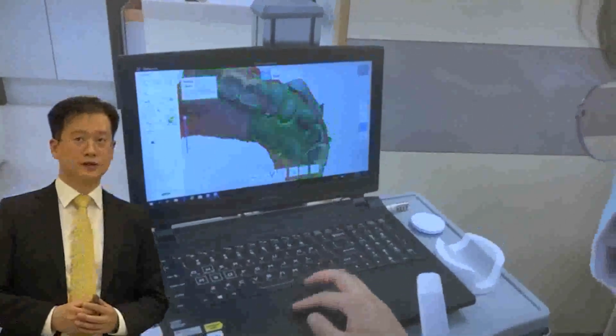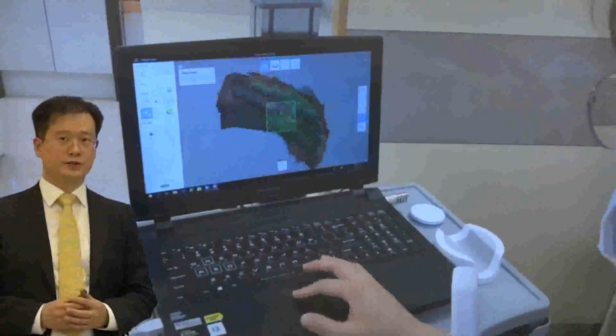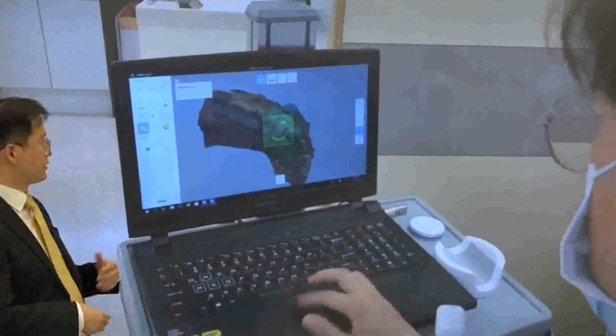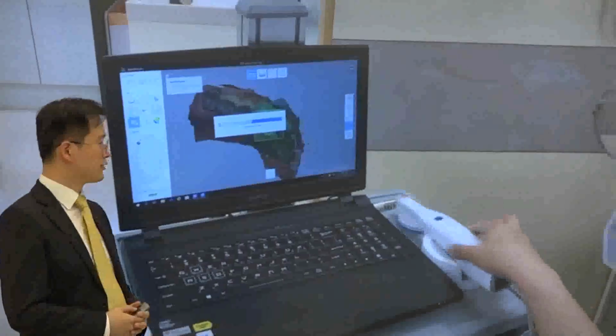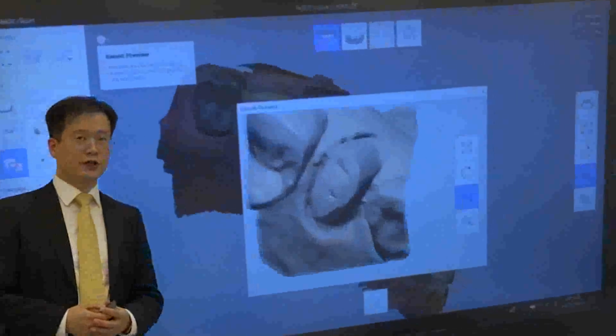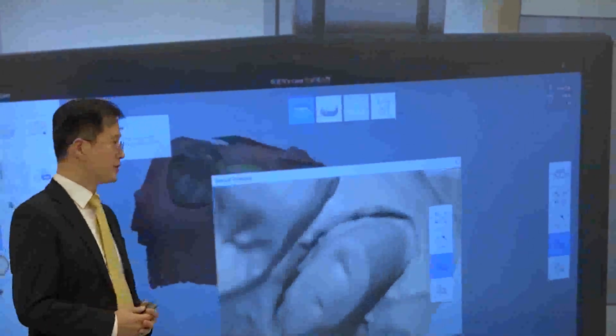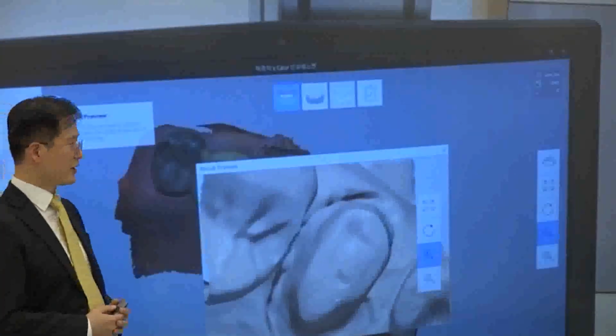I can scan the impression body as an added scan, so I can modify the poor data, replacing it with data scanned from the physically made impression body.